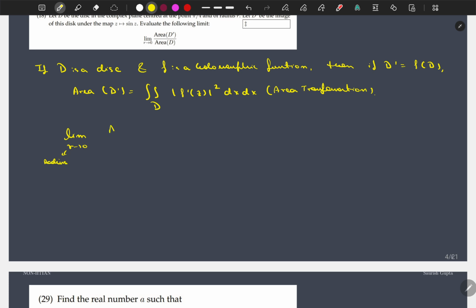As r goes to 0, the area of D' over the area of D is nothing but |f'(z0)|^2, where, let me explicitly write the form of D, D is the disk |z - z0| ≤ r.